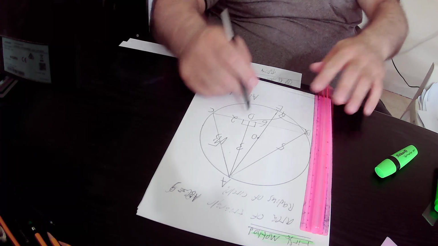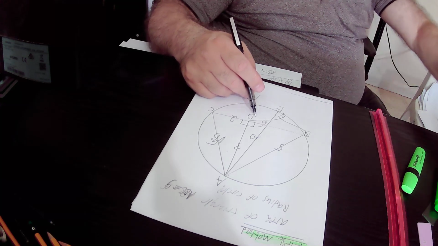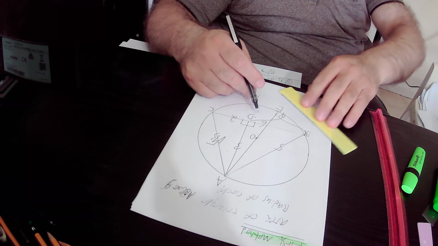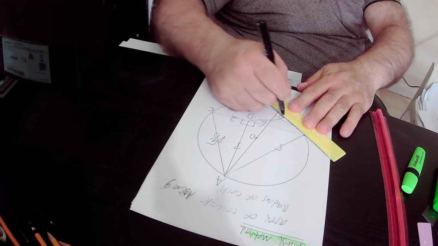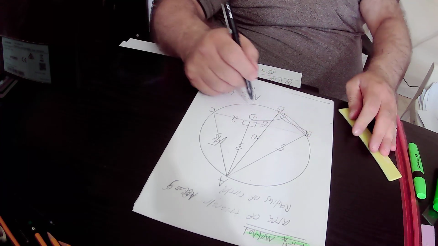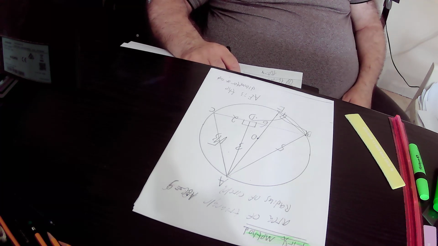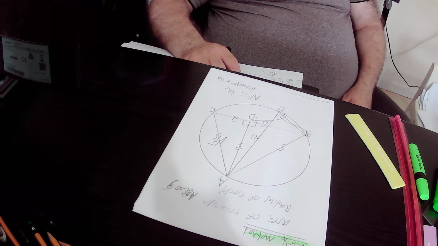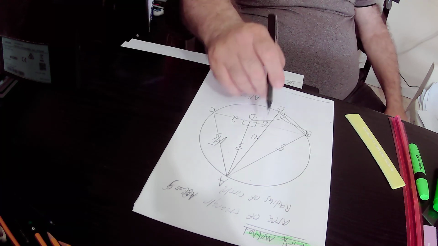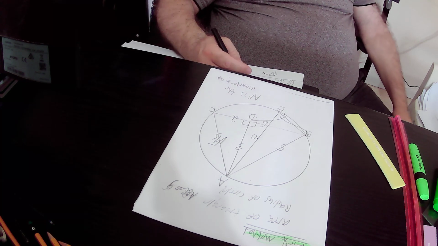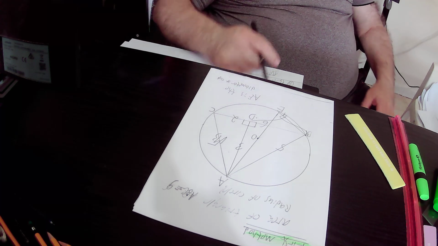In the next step, we'll join points E and B together by a straight line. Here we created the peripheral angle ABE, and it rests on AE, the diameter of the circle.